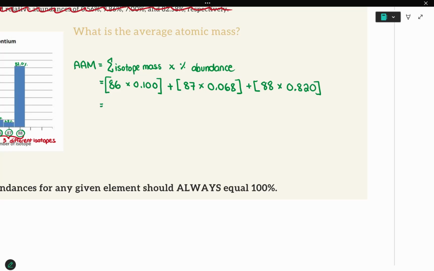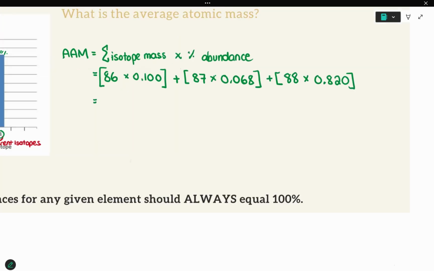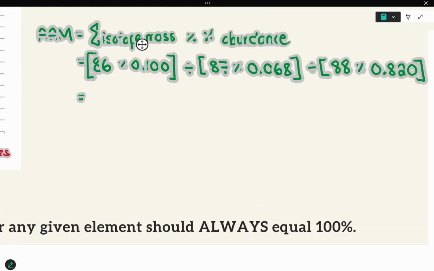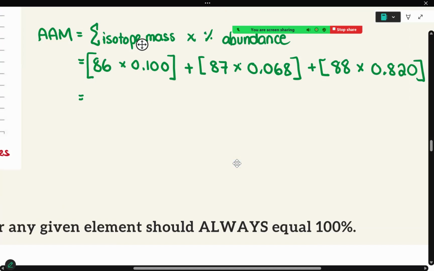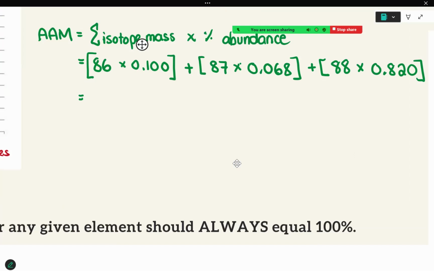So we have 86 times 0.1 plus 87 times 0.068 plus 88 times 0.820, which gives me 86.67. Although technically I didn't do the sig figs right. So I'm just doing it again.